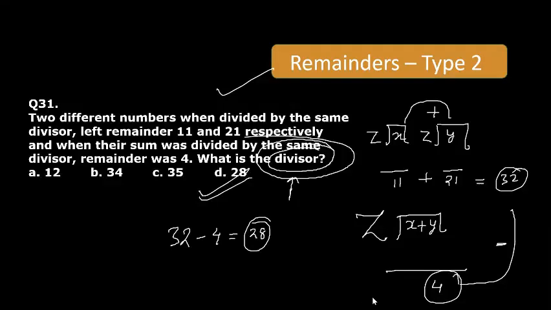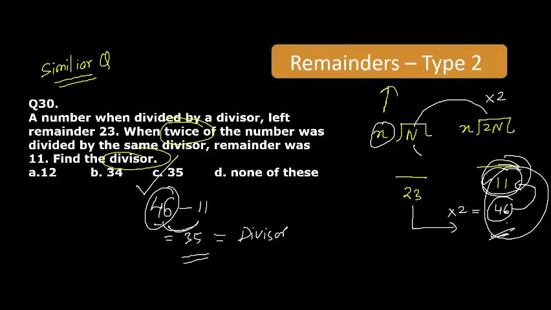Now, in these two types, we were changing the numbers, the dividends. But our divisor was the same. The dividend we were changing, but the outer one was the same, right? So now there could be a next third type, which is just the opposite.